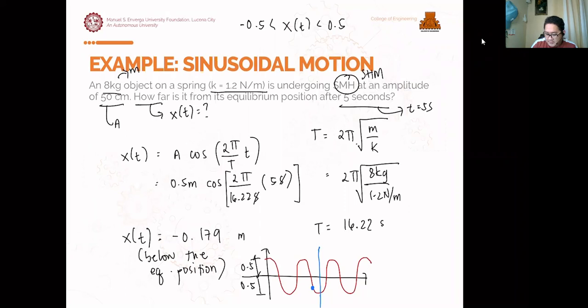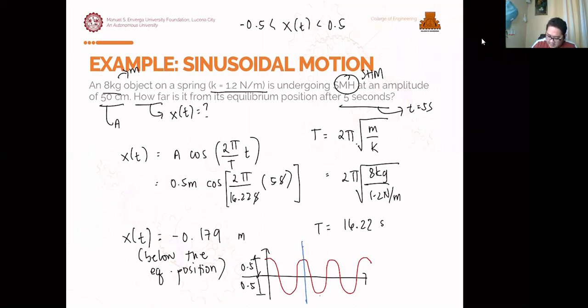Any more question? May mali pala ako dito sa figure, no? So, dapat hindi dito yung ano ko. So, makikita nyo, ang na-calculate nating period is 16.2 seconds. Okay? So, ibig sabihin, para ma-complete nyo yung same position na to, ito yung first period niya, di ba?